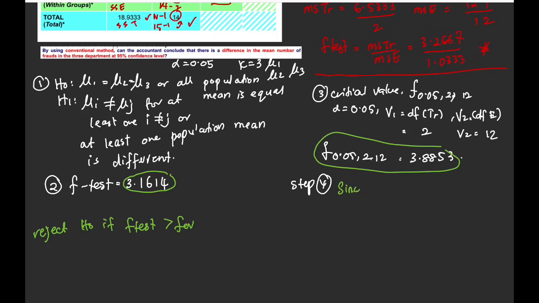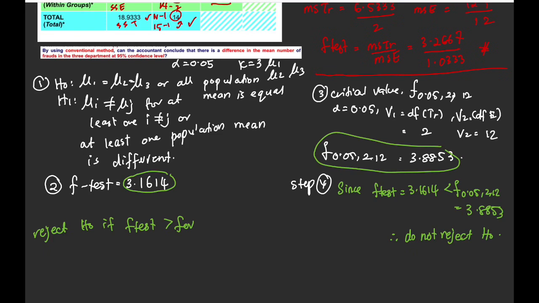Since F test, 3.1614, is less than F 0.05, 2, 12, which equals 3.8853, do not reject H null because our F test is less than our critical value.